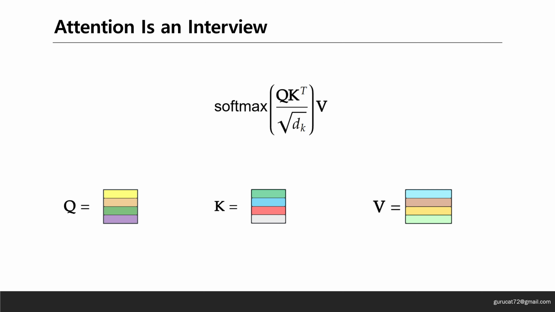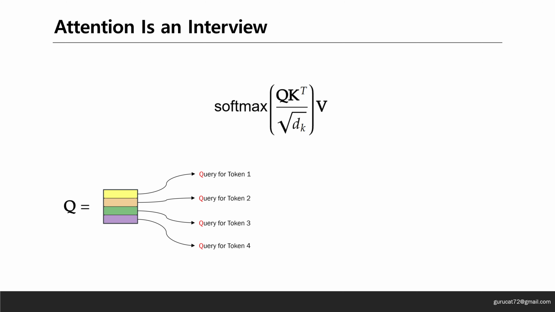As you know, the entire attention mechanism begins with 3 sets of vectors: queries, keys, and values. Each token creates its own Q, K, and V through linear projections. Each row in the query matrix represents what a specific token wants to know. Token 1 has its own question, token 2 has another, and so on. Questions need something to compare against.